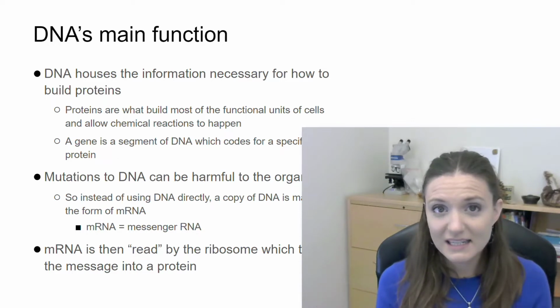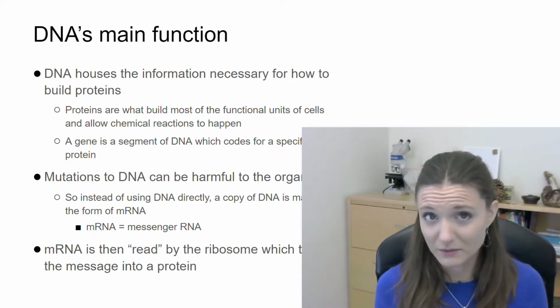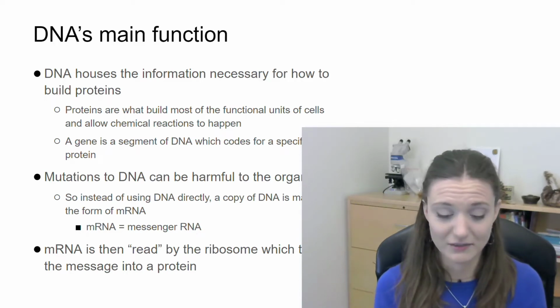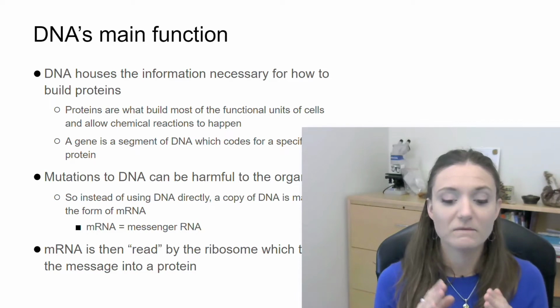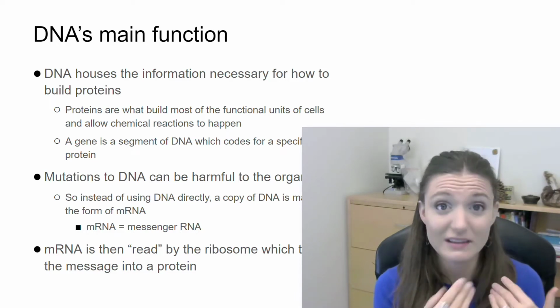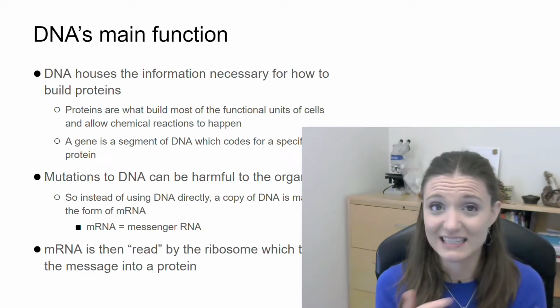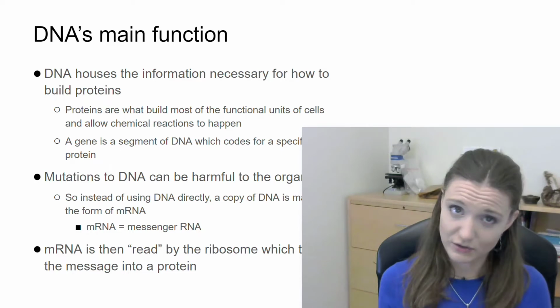So because DNA contains the information for how to build all of the molecules necessary for life, all of the proteins, all of the phospholipids, right? If we change that recipe, if we change that DNA code, the sequence of letters, the A, T, C's, and G's in DNA, that could result in a change to the overall molecule that results from it.